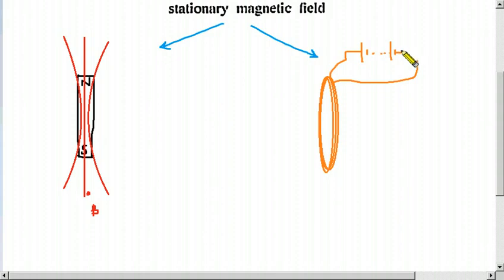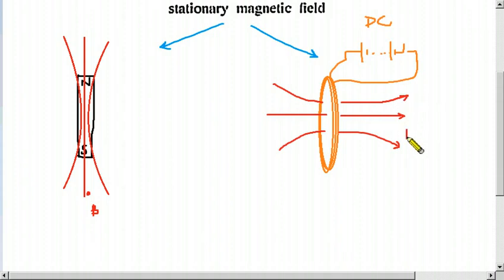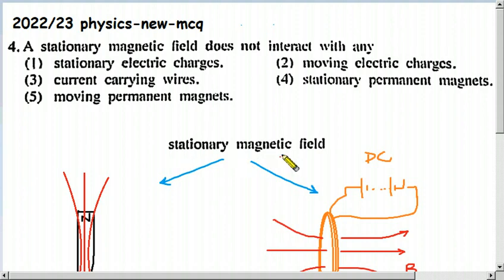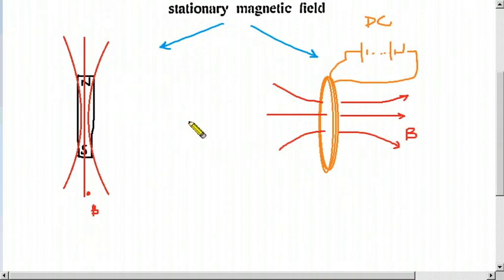Give a steady DC. It must be DC, direct current, not AC. If we gave AC, what happens? The current changes with time, and also the flux density or the field intensity changes, so it is not stable. It is not then stationary. The B is fixed when you use a DC source. So we can generate a stationary magnetic field using one of these methods.